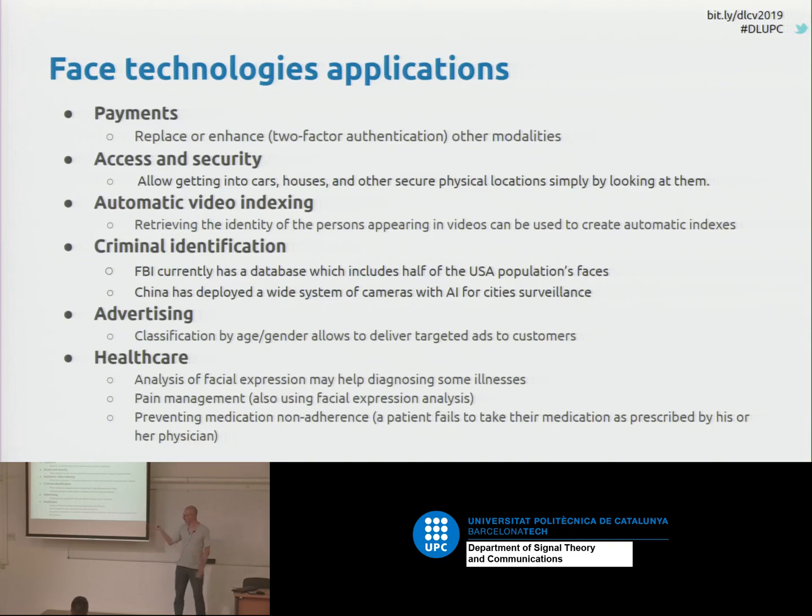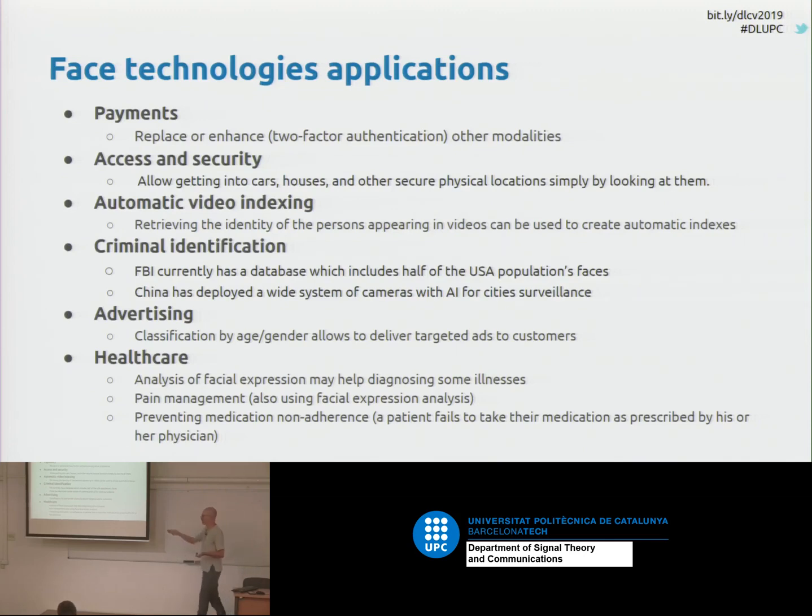And finally, also in healthcare, there are a lot of applications trying to use facial expression analysis, for instance to diagnose some illnesses, or also determine if a person is in pain or not and the degree of pain.